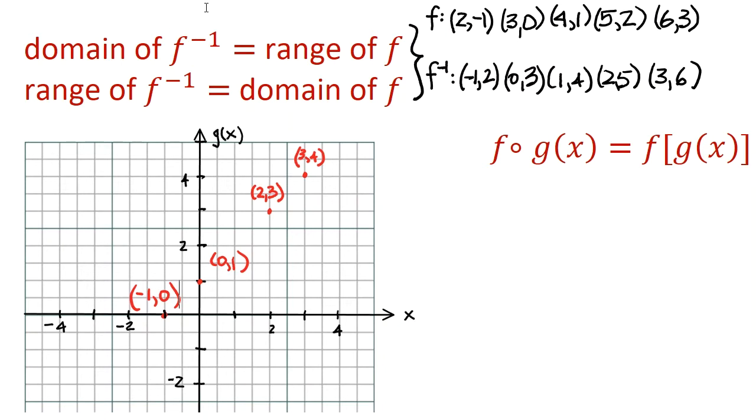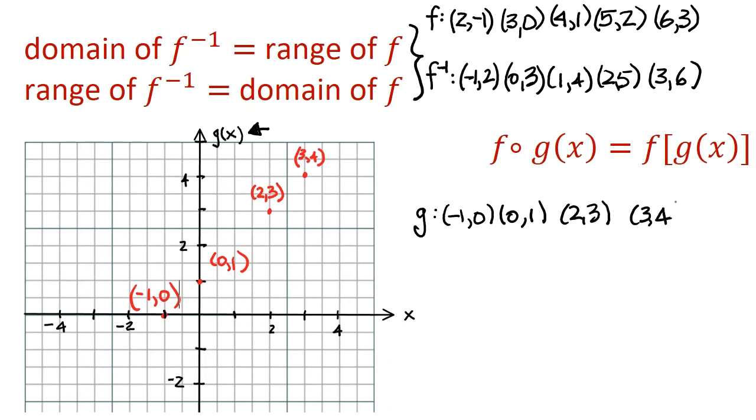Next, let's consider the graph g of x. I know it's the graph of g of x because I can see the descriptor right here. So the points of g, just like I did for f, are -1, 0, 0, 1, 2, 3, and 3, 4.